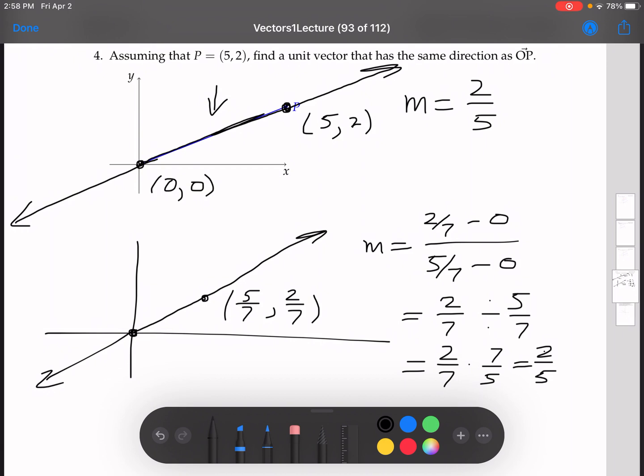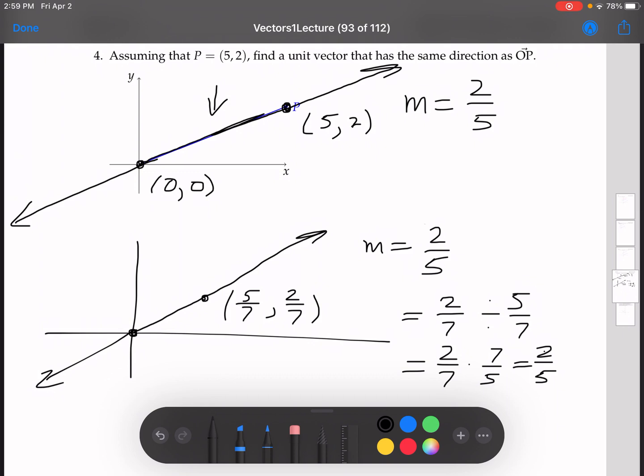So we get the same slope. So in fact, these have to be the same line, right? Because they both go through the origin, and they both have the same slope. So they must be the same line.